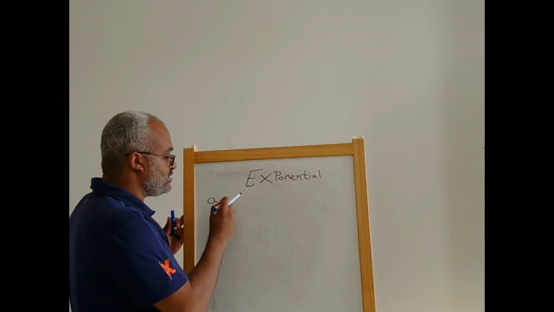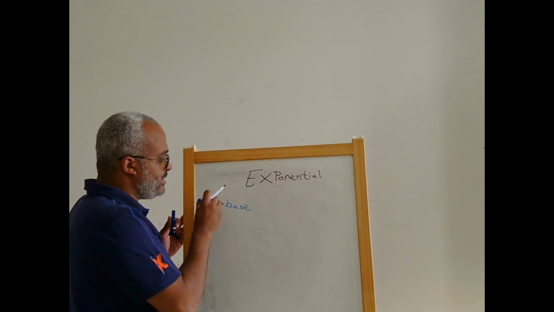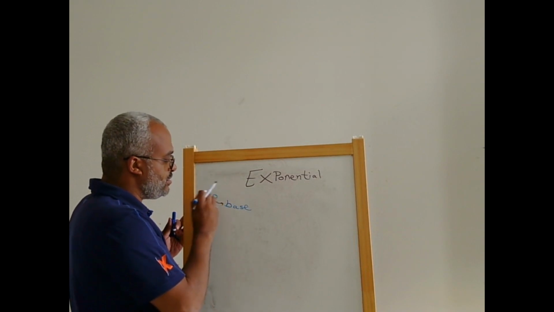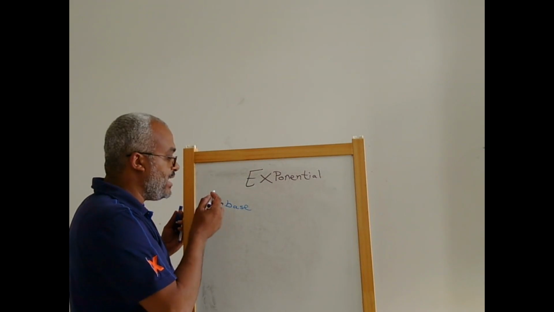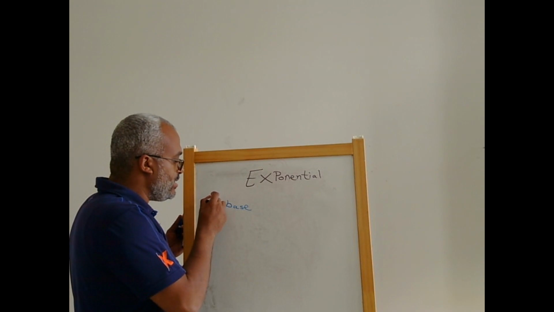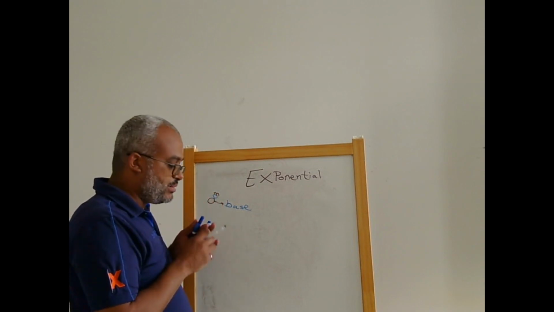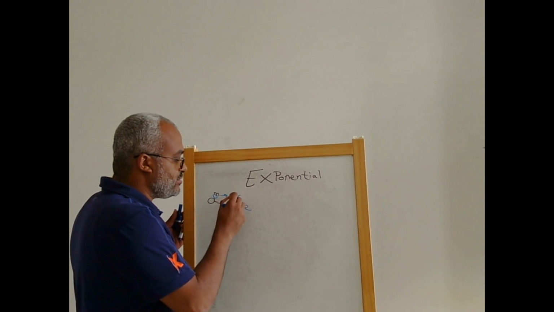So this is called base. And we have something in here, whatever it is, can be 1, 2, 3, m, n. So let's say m, for example. So the m, this is called exponent.